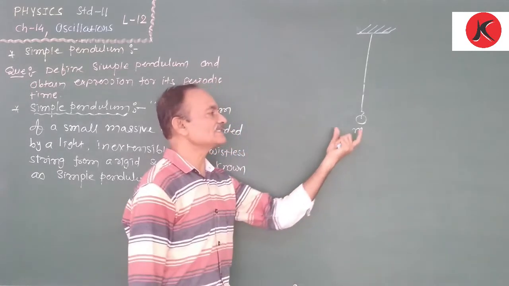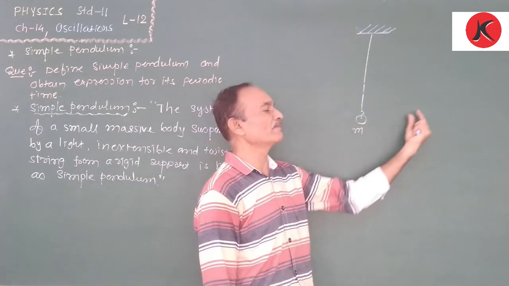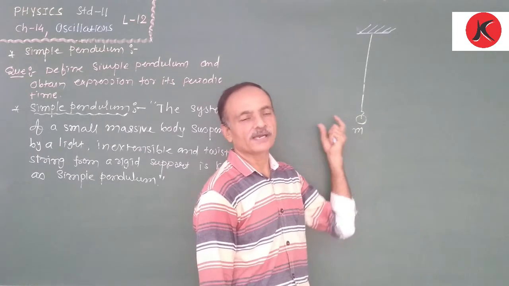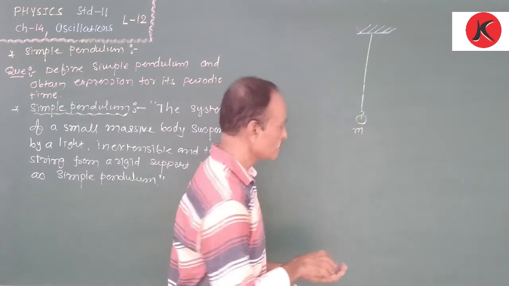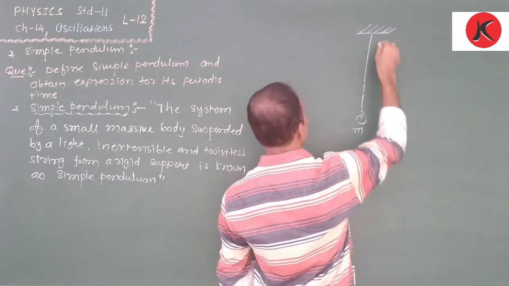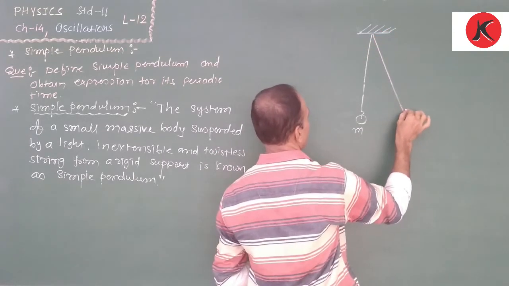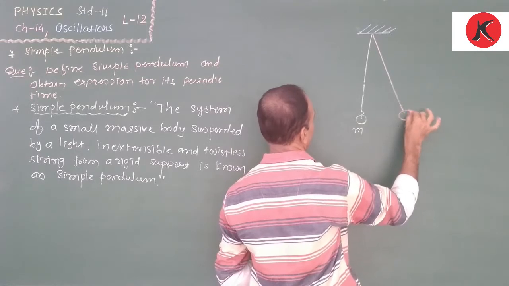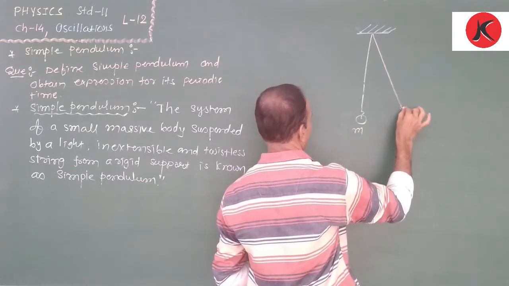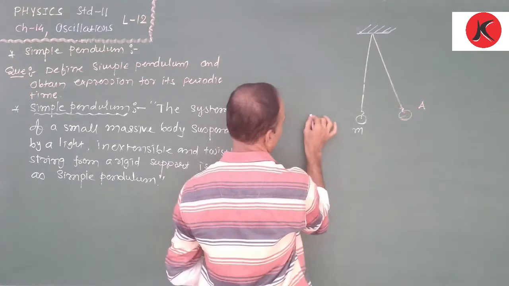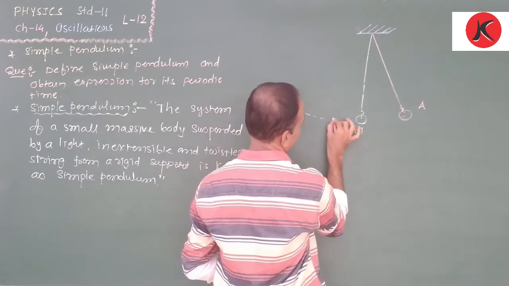As we slightly displace this body from its equilibrium position and release, it performs simple harmonic motion about its mean position. Now, here we mention the position of the pendulum at point A. So the path of its oscillation is this.